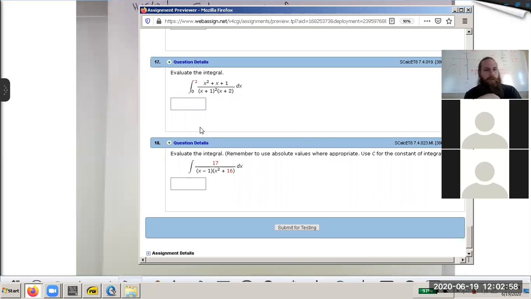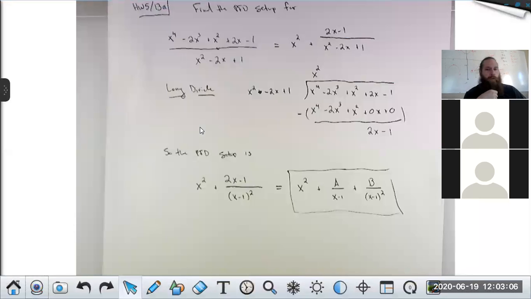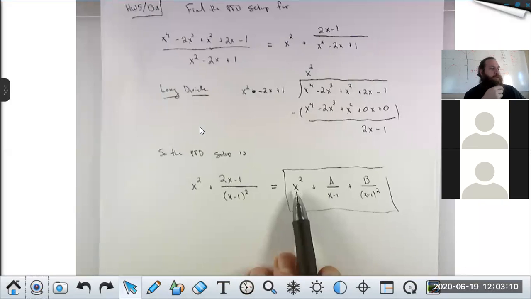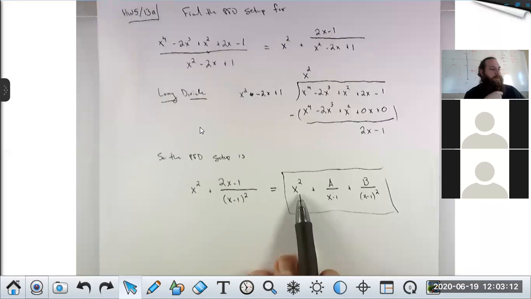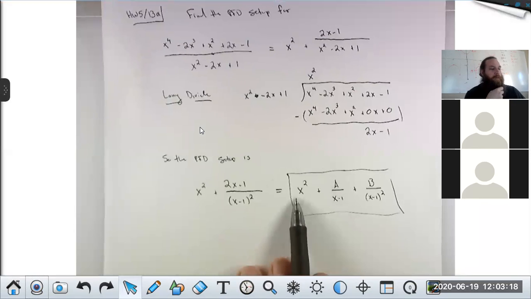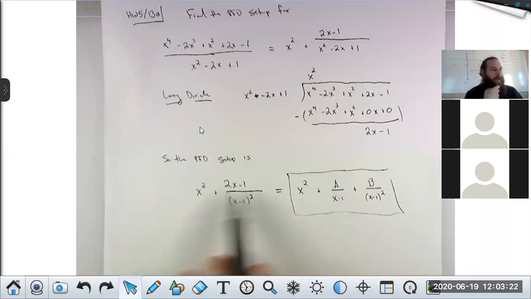So anything that isn't a part of the fraction after you divide it out is just left aside. Yeah, so I think I follow. So this guy doesn't need any PFD stuff because he's a polynomial. The PFD is only for the rational function bit. Because he doesn't have a denominator with factors, there's no decomposing him. But this guy does have a denominator with the factors x minus 1 repeated twice, so he does need that.